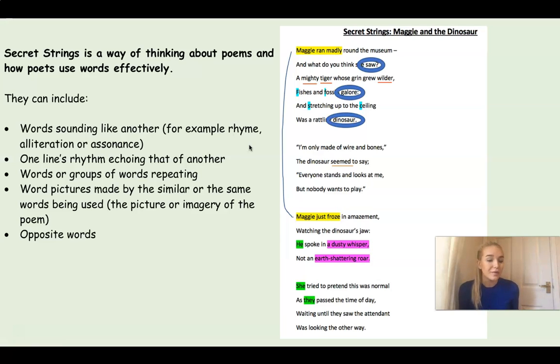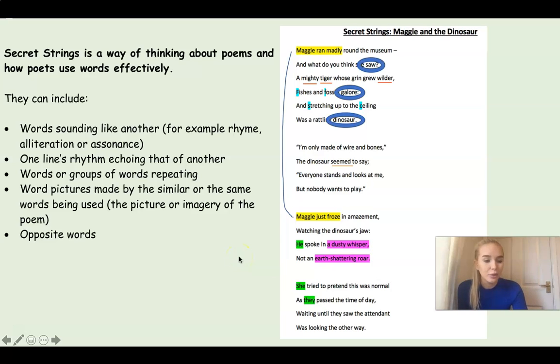Look for the rhythm, the syllabic pattern. Look for the group of words repeating itself, or any imagery that comes in your head from the type of word that people use. Earth-shattering roar, what image does that give in your head? And finally, look for words that might be opposite. So we have Maggie ran madly and Maggie just froze.